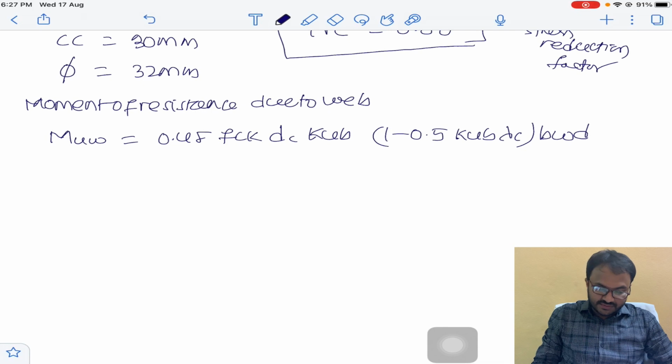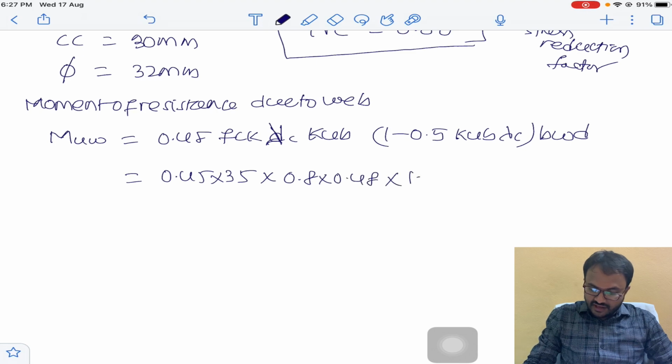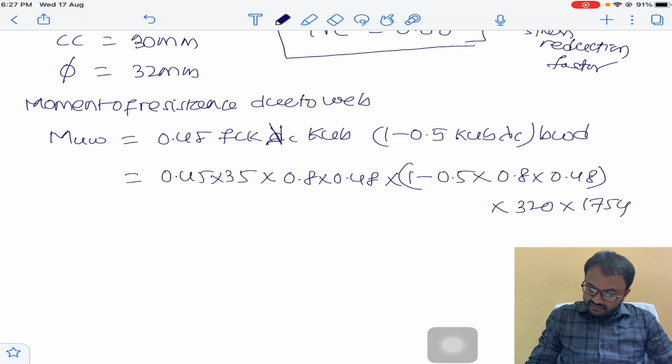So substitute the values. 0.45, FCK he has given 35, lambda C the stress reduction factor is 0.8, KUB is 0.48 into 1 minus 0.5 into 0.8 into 0.48 into BW, it is 320 given, and 1754.